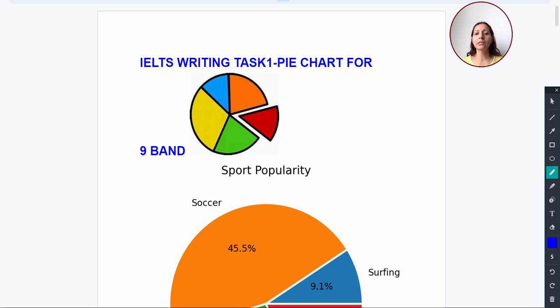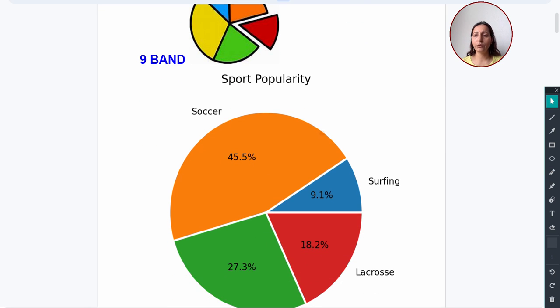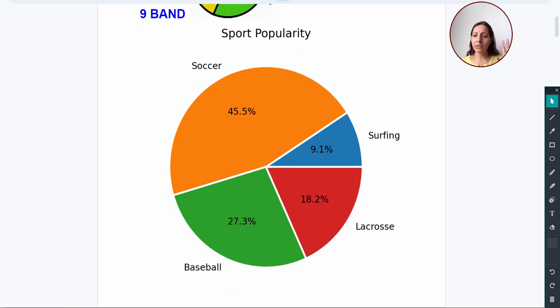Suppose this example has been given. This is a task 1 pie chart, because the examiner will give you different topics, and the pie chart will be divided into different segments.